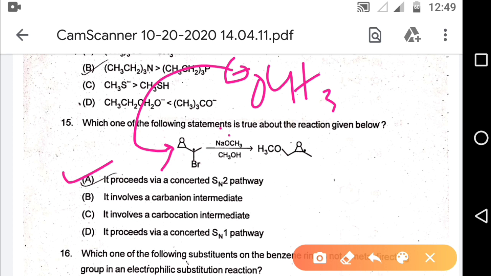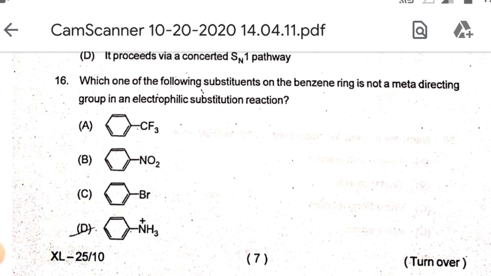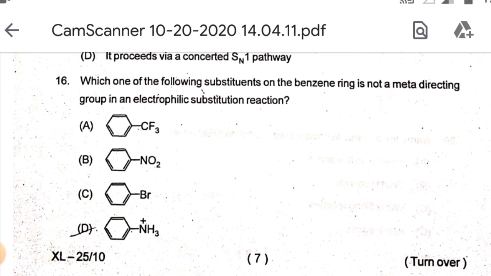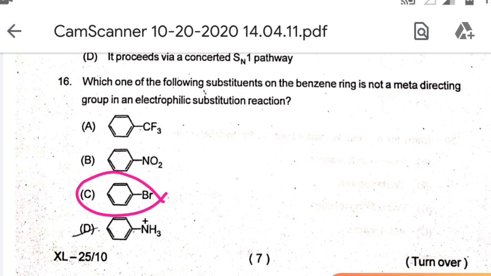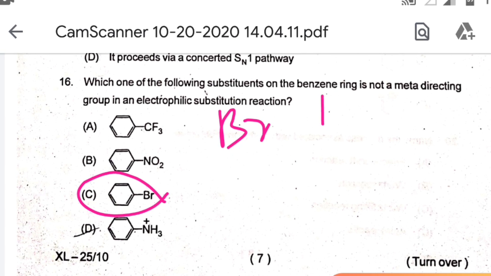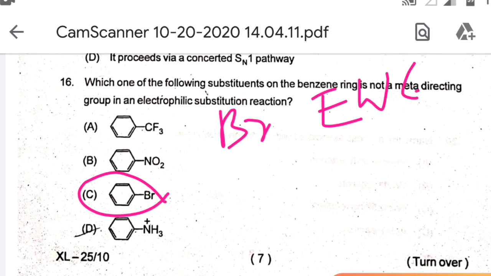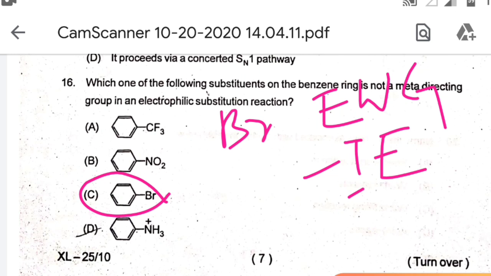So the next question is, which one of the following substituents on the benzene ring is not a meta-directing group in electrophilic substitution reaction? Okay, so I am taking this particular option. See, bromine is an electron withdrawing group, and this will show a minus I effect.